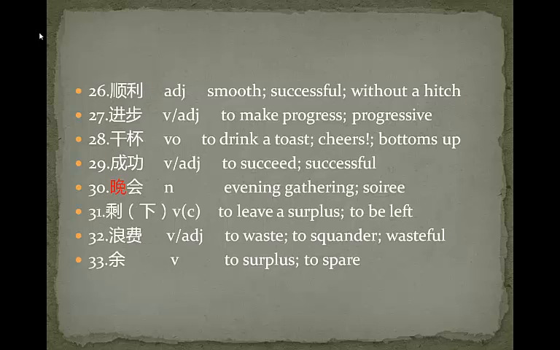不. Number 29, 成功, to succeed or successful. 成 is a very basic character. You have to memorize that. 功, I introduced this in the Formation of Chinese tutorial. We can split this character into left and right part. The left part is pronounced gong.